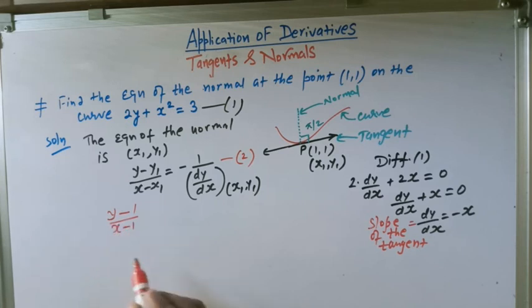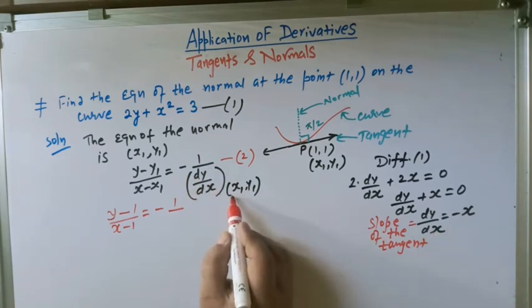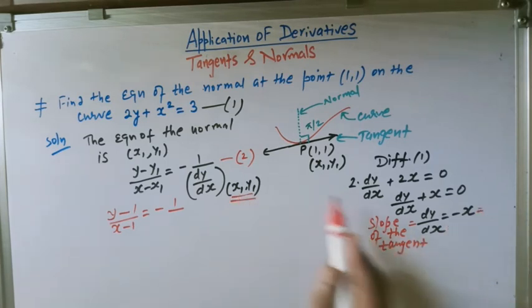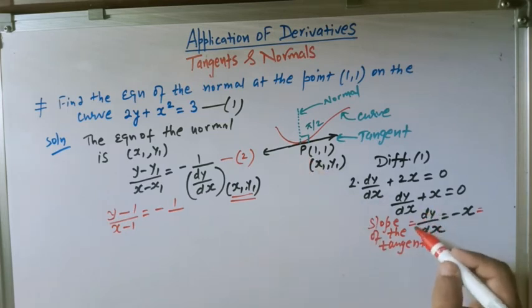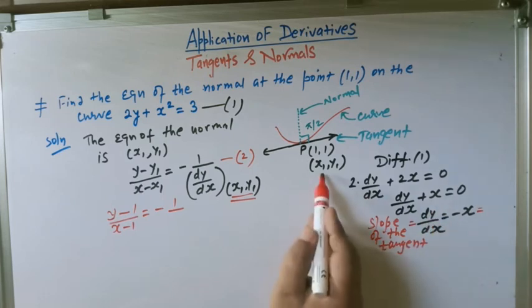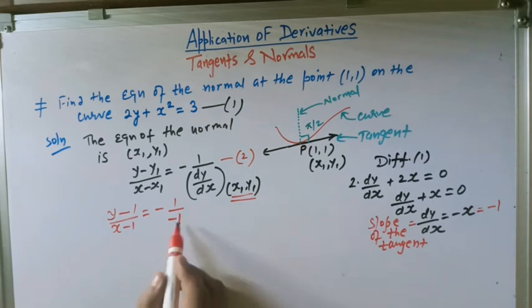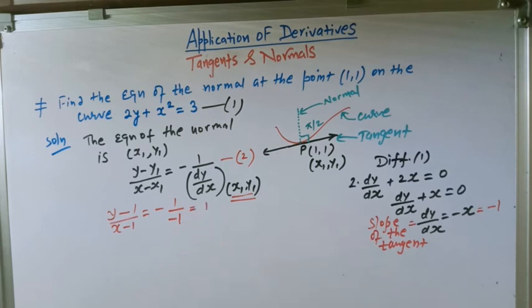So y minus 1 over x minus 1 is equal to minus 1 divided by the value of the derivative at this point. And because x1 is 1, the value of this derivative at this point is minus 1. So we put minus 1 here. Clear? So minus minus cancel, so we have 1.